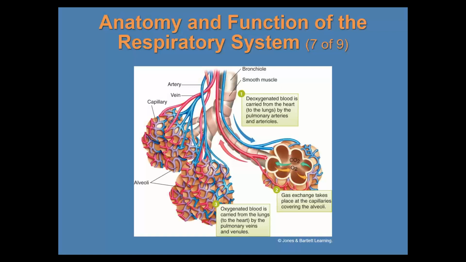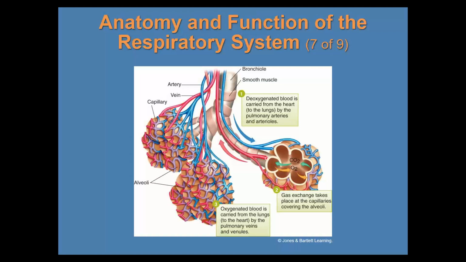So as you can see there, number one, deoxygenated blood is carried from the heart to the lungs by the pulmonary arteries and arterioles. Okay, so we mentioned that Tuesday also. We talked a little bit about the flow of the heart, and how the heart pumps that blood right back out just to the lungs.